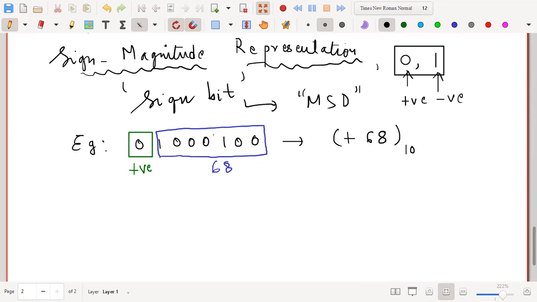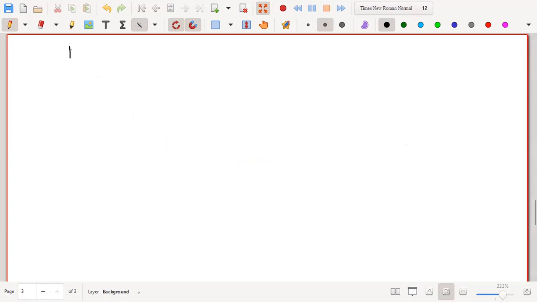So this is about the sign magnitude representation. Now, we have other types of conversion as well, but before I go to those, let me first tell you one important topic, the BCD.